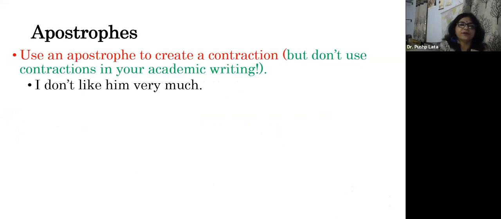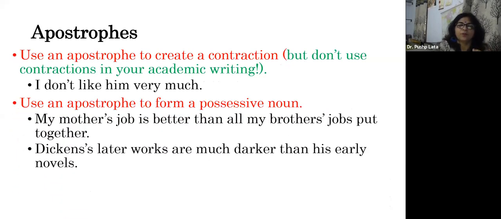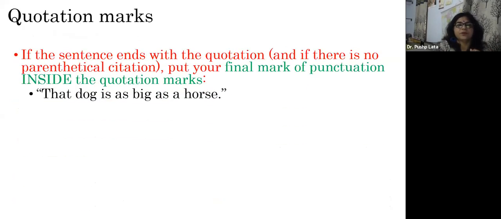Apostrophes, you know that for contraction, for plural, as plural marker, as possessive markers, we use them. Quotation marks, where to use, we should know. One thing where we have confusion is whether to put the full stop before the quotes or after the quote.